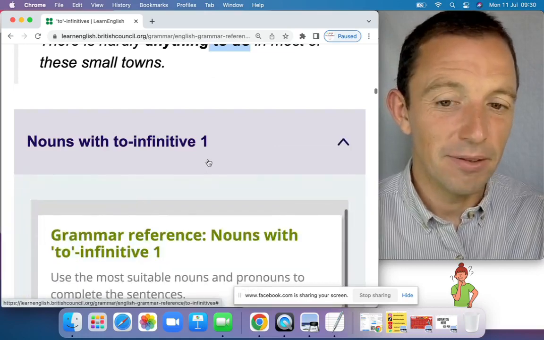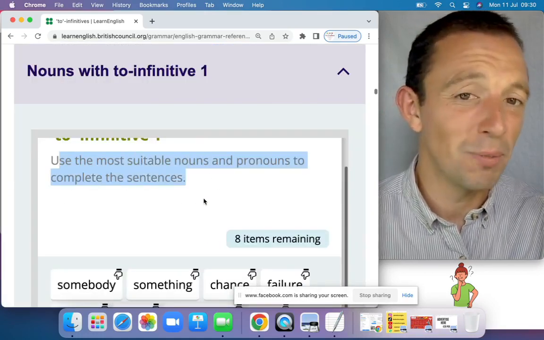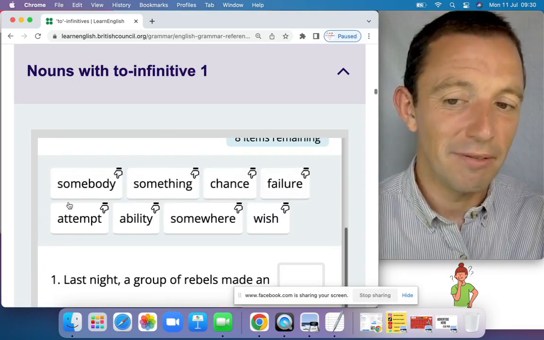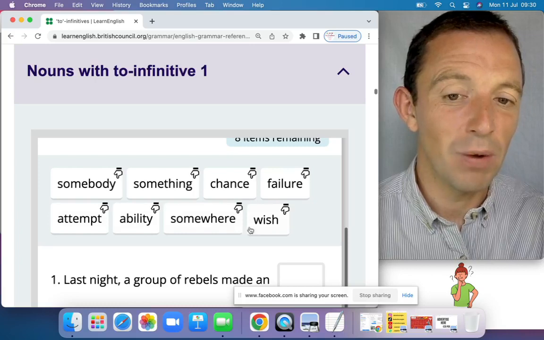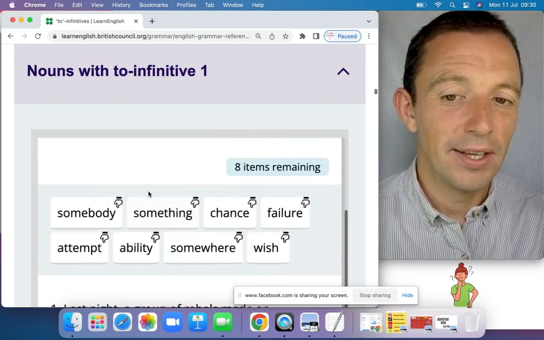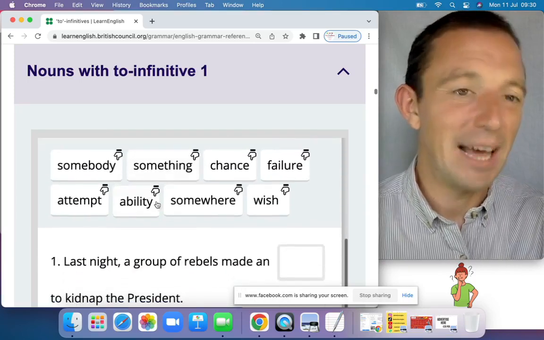The final exercise. Complete. Use the most suitable nouns and pronouns to complete the sentences: somebody, something, chance, failure, attempt, ability, somewhere, wish. So these are nouns and indefinite pronouns.